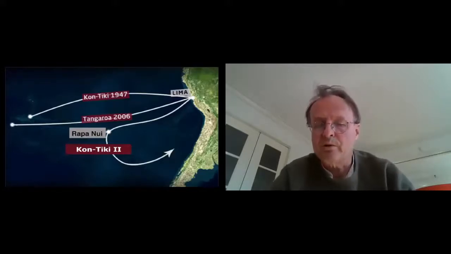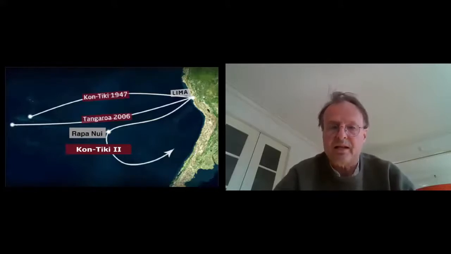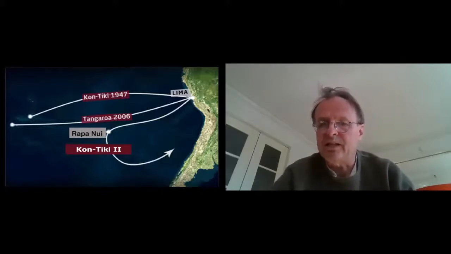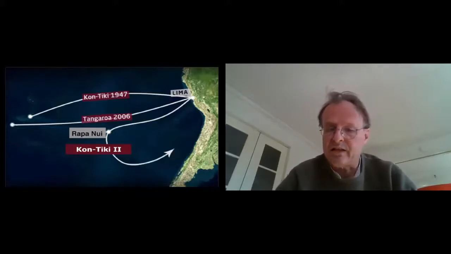It's the most remote community on this planet. And if you just drift, like Kon-Tiki did in 1947, you end up along the equator. But if you're able to set sail, you can actually sail to Easter Island. That's what we wanted to show, that was possible.